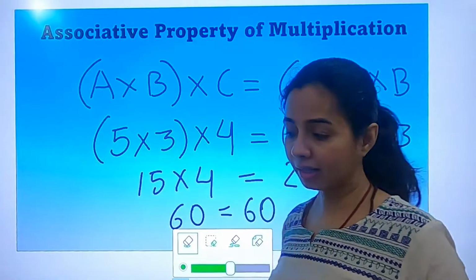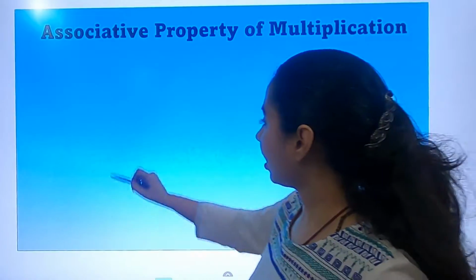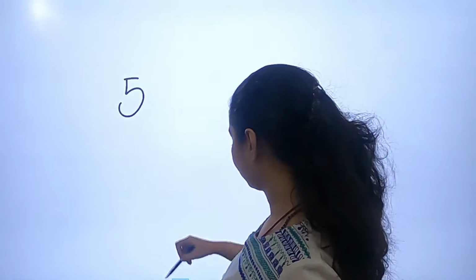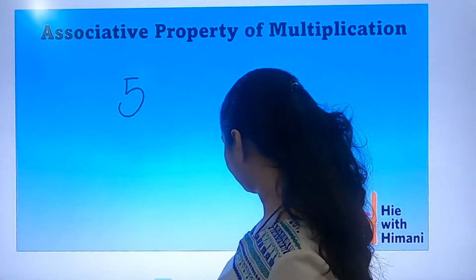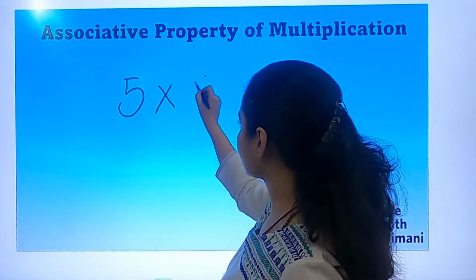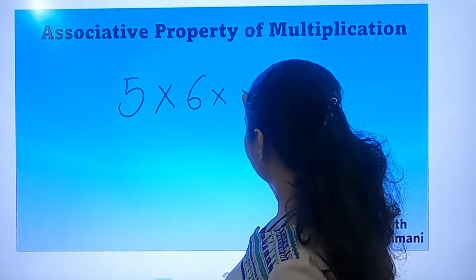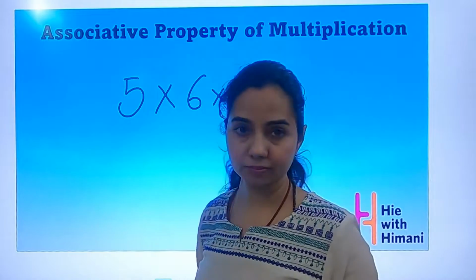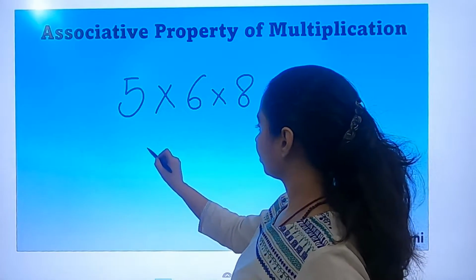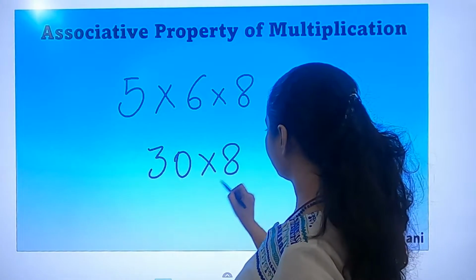to simplify our calculations. For example, I have to multiply 5 into 6 into 8. Then what I'll do is 30 into 8, which is equal to 240.